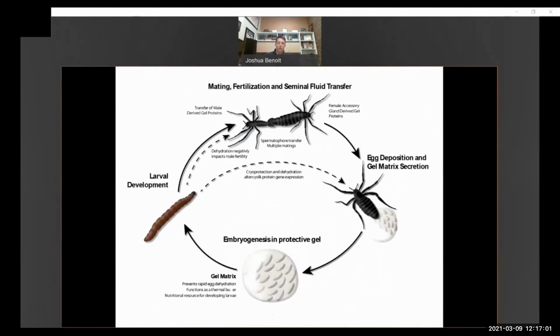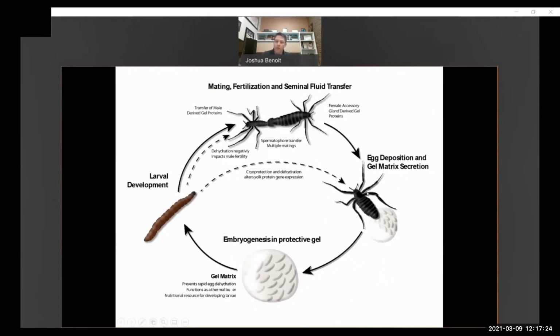So this is the overall summary of this full project. We really wanted to understand how reproduction occurs in the system. In the paper, we characterized both male and female reproductive biology, but we were really interested in what is going on with this gel and what it provides.